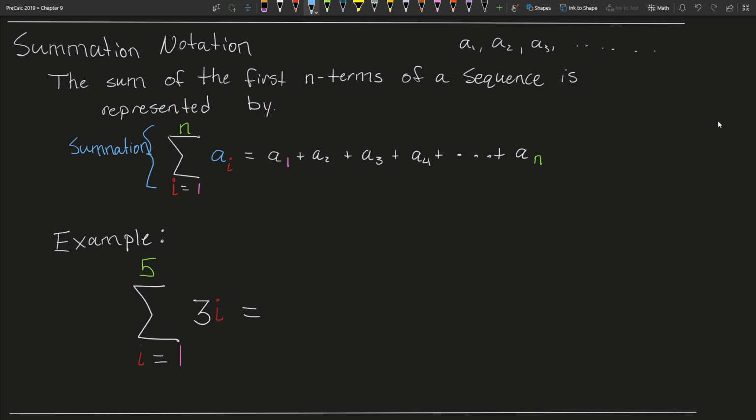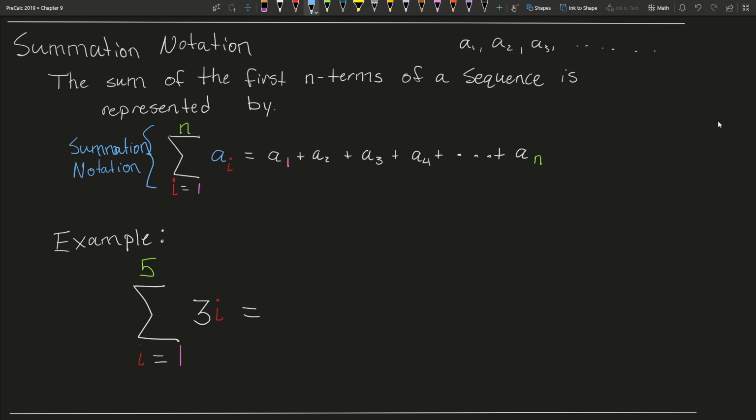You'll hear me refer to it in both ways. All right, and what this is saying is it's telling you to sum from the first term to the nth term of the sequence A.